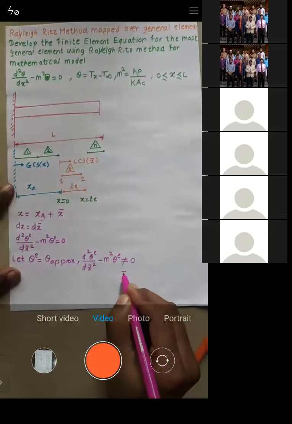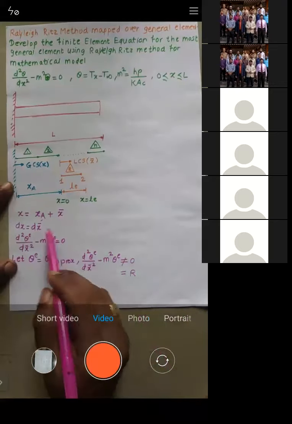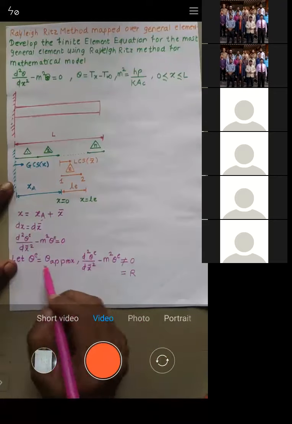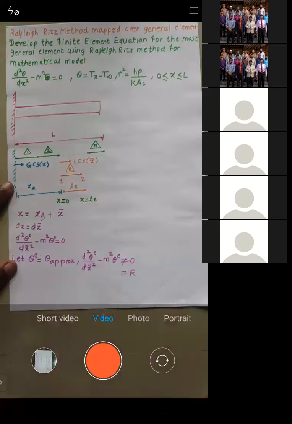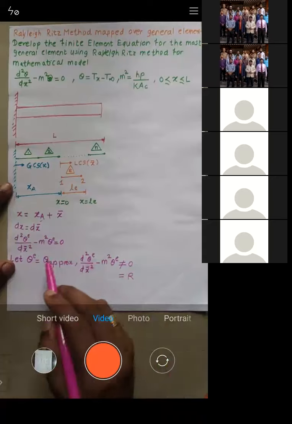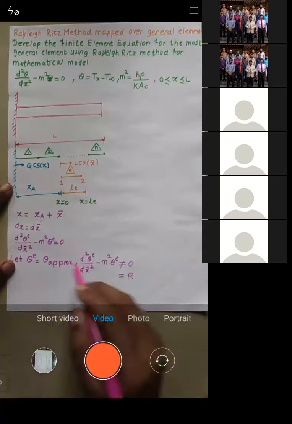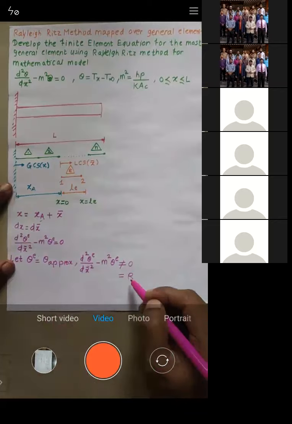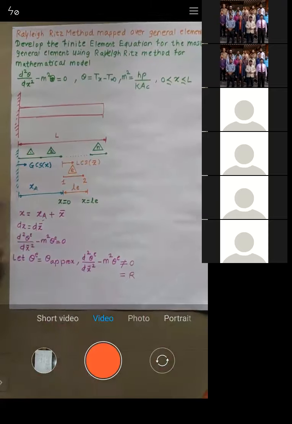The right hand side was equal to 0, but once you assume an approximate solution, it will not be equal to 0. There is some error, and that error we call the residue. We want this residue to be equal to 0.